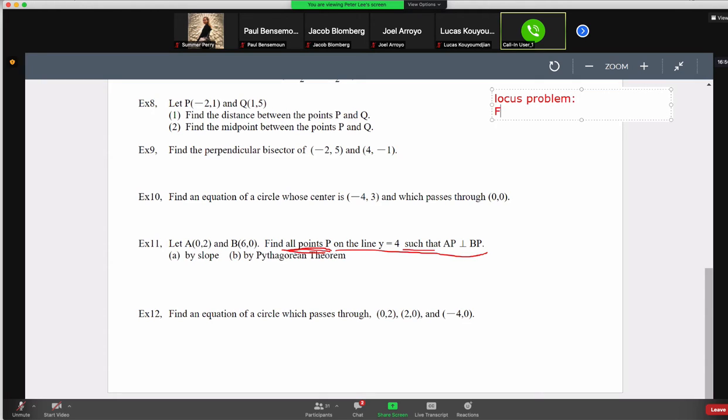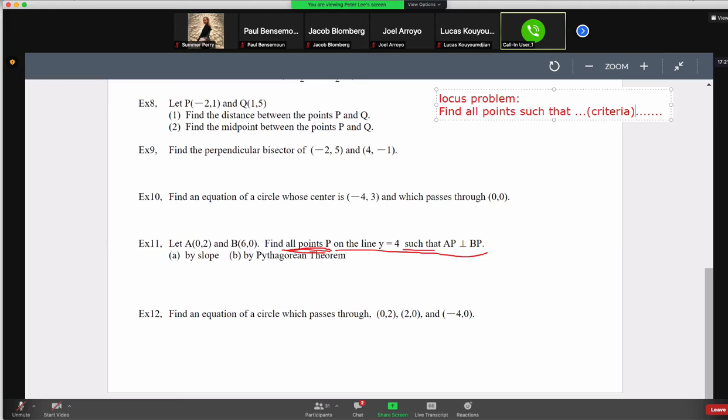The locus problem is basically this: find all points such that, and then blah, blah, blah. We have some criteria, and this is what I call the criteria. A criteria is some kind of condition, a property that is satisfied.